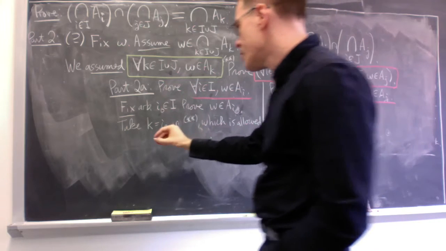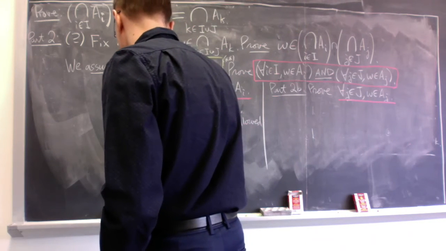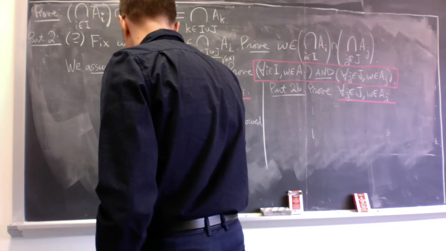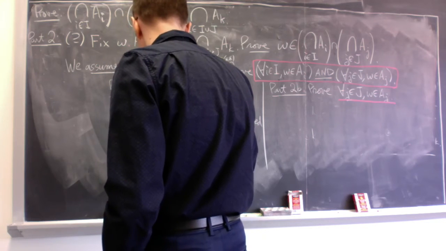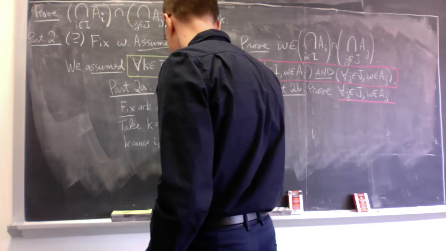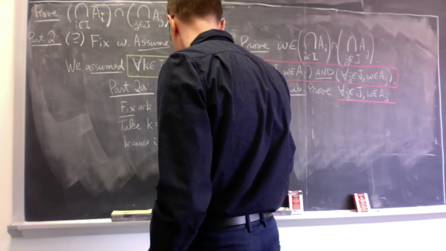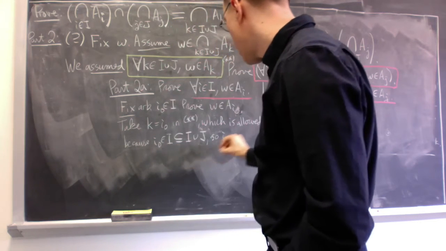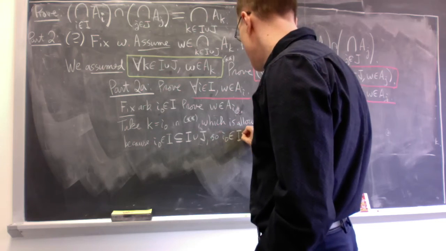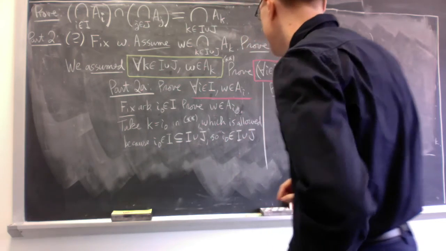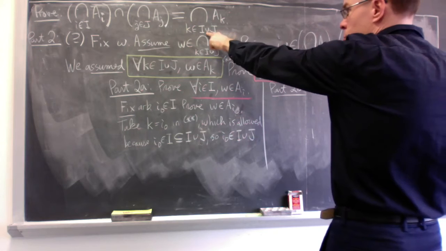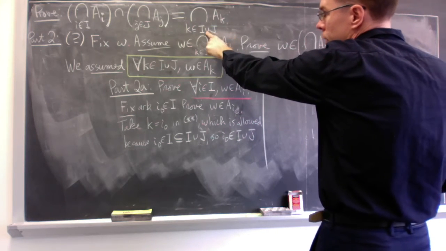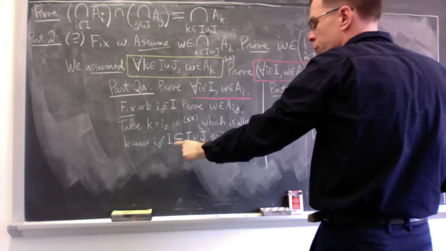But that's allowed because, let's make sure, because i naught is in I, which we know by a theorem, I is a subset of the union I union J. So this member, i naught, is a member of I union J. And this is the point where this is kind of why this had to be a union, not an intersection, for this step to work.